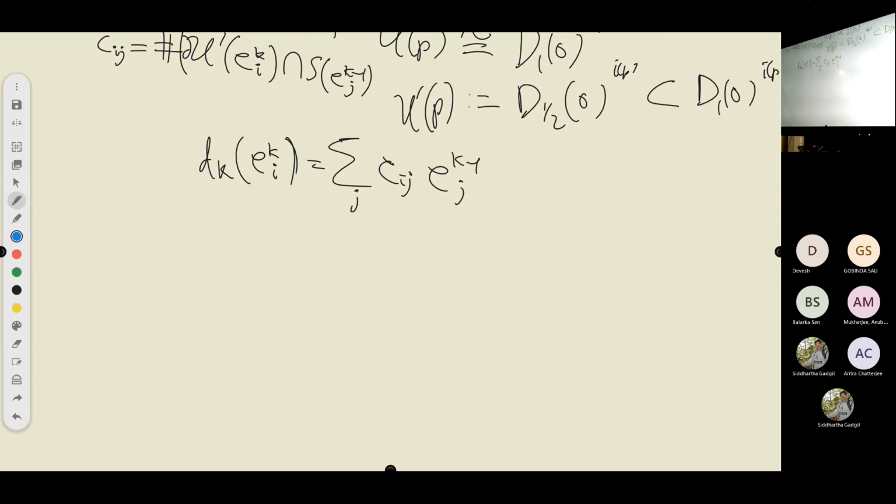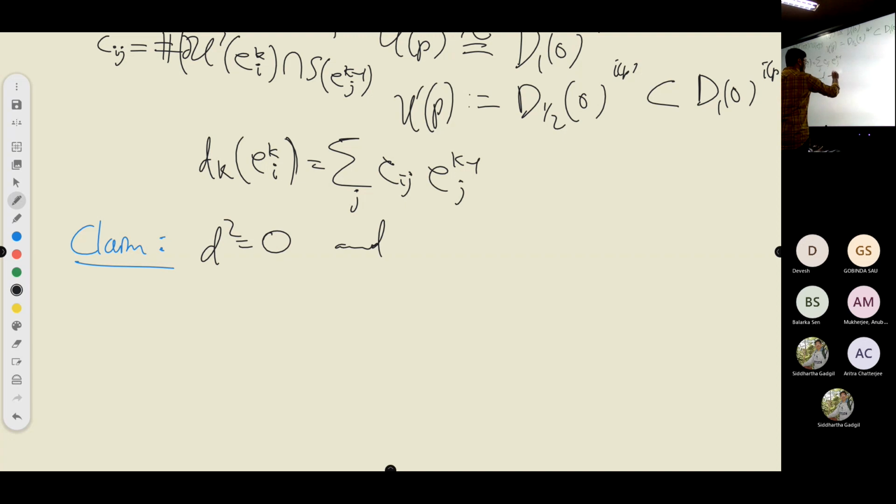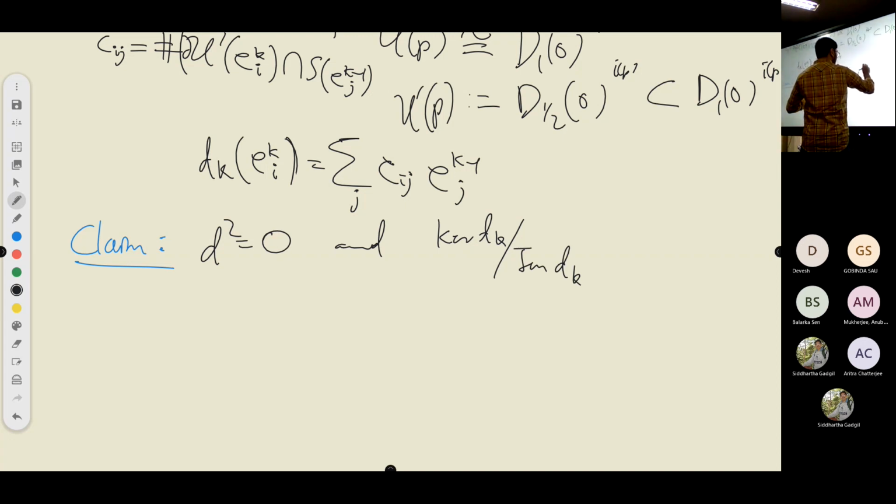Okay, so the claim that I want to make is that first d squared is equal to 0 and kernel d_k mod image d_{k+1} is isomorphic to the kth singular homology of X with integer coefficients.